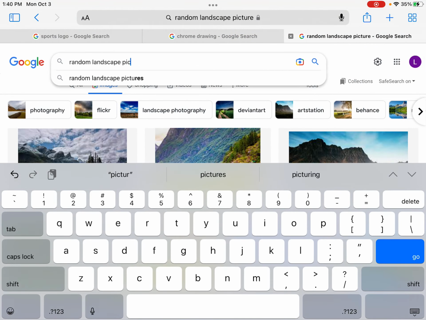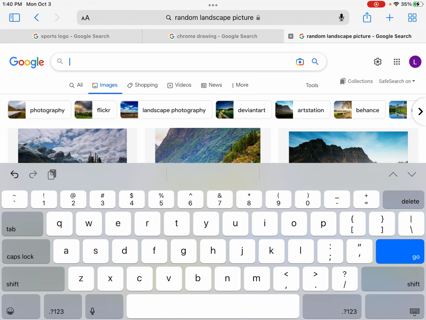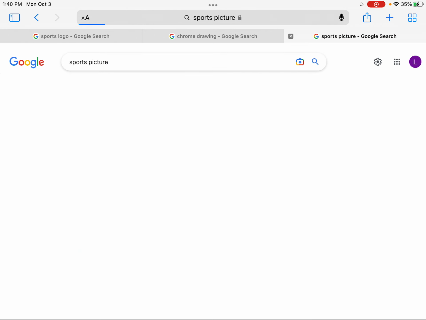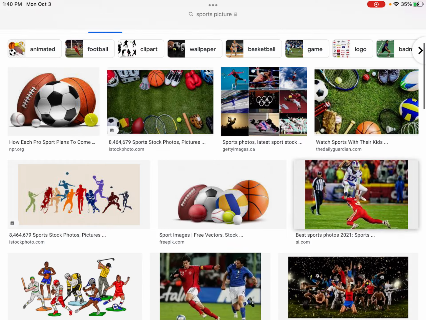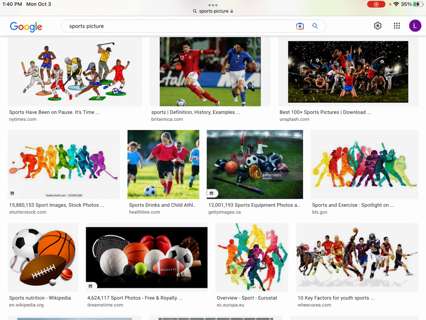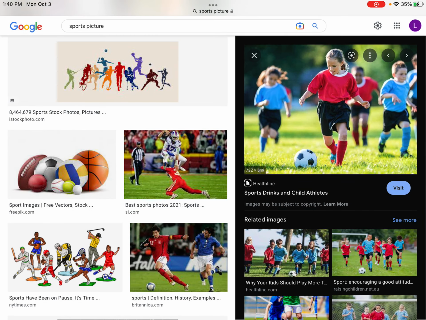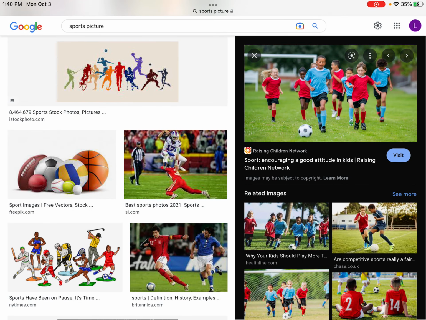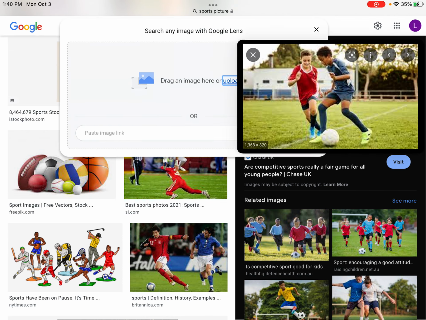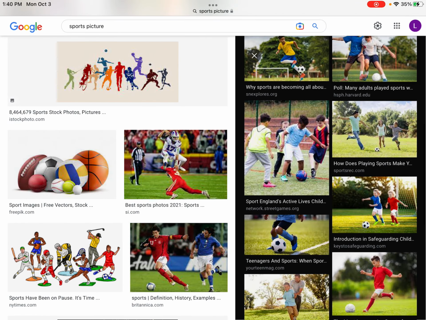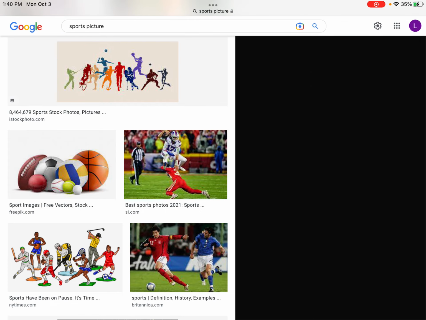Another one here. Sports. That's a good example here. Sports picture. Yeah, here we go. Add to photos. Let's do this one here. Add to photos. This is actually good, like this. Okay.